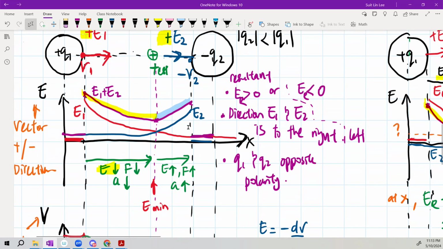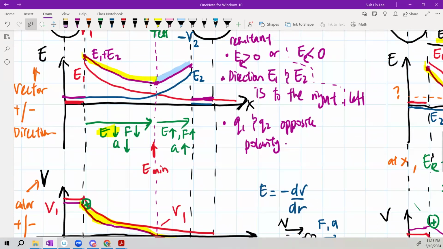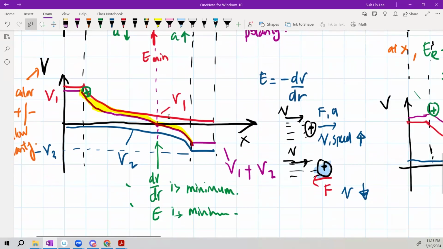Okay. The relationship between E and V is E is equal to negative potential gradient. So if I check the gradient of the purple graph, the gradient here is 0. So here my E is minimum because dV/dx is 0, or dV/dr is minimum.